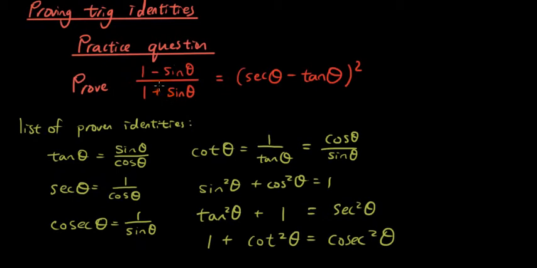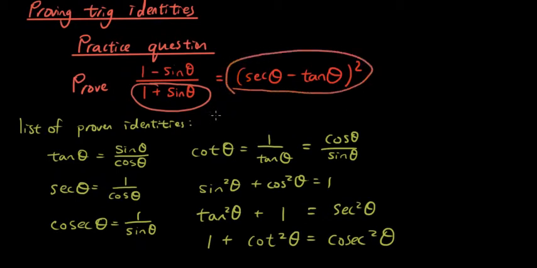Okay, so the first thing I'm going to do is, you can see here on the bottom of a fraction I have 1 plus sine theta. Now in order to get rid of a fraction so that I can turn it into just an expression without any fractions, basically, it's easier if the bottom of the fraction is just one single term.